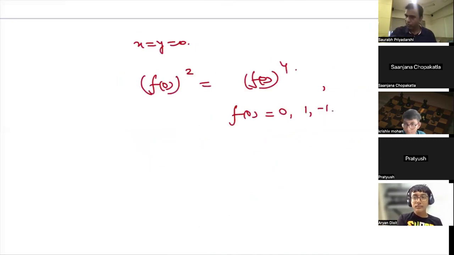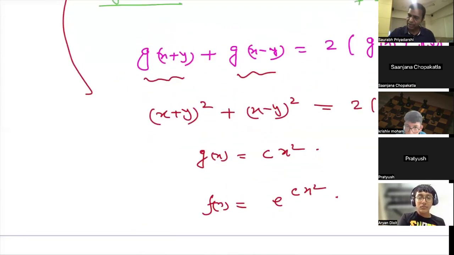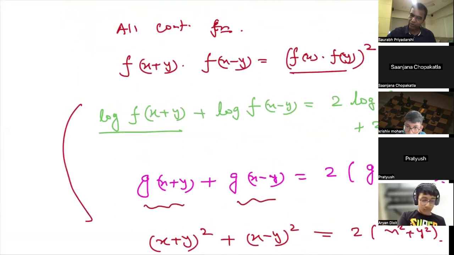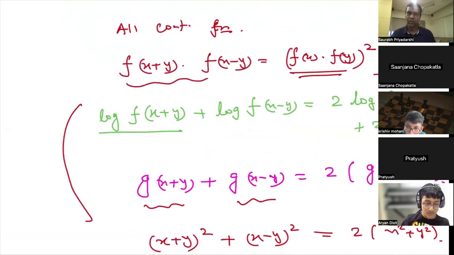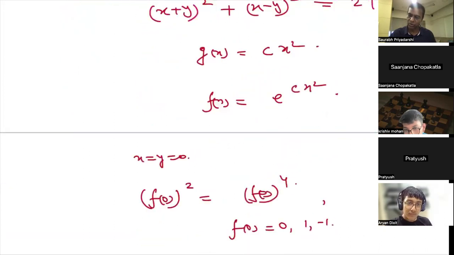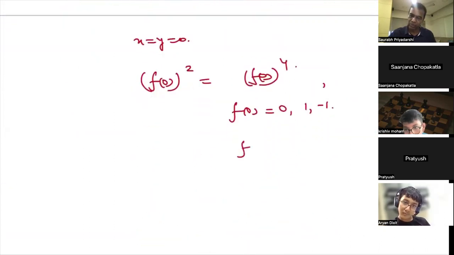But we can see that this number is always positive, a square, and cannot be negative. So we can't claim that it is coming as a negative one. So this must be always positive, and 0 will always go into 0. So we can claim that f0 is equal to 1.